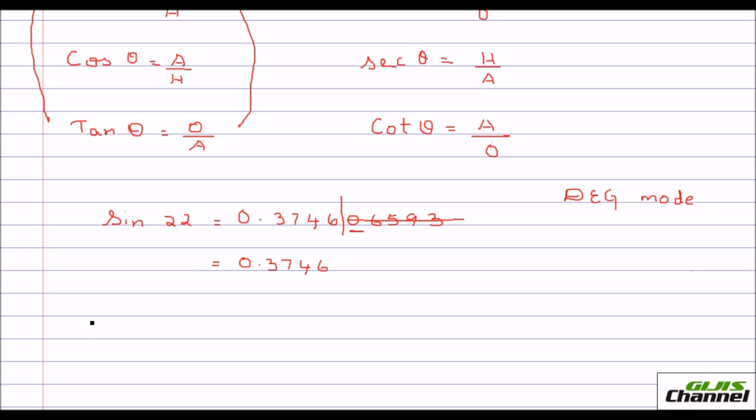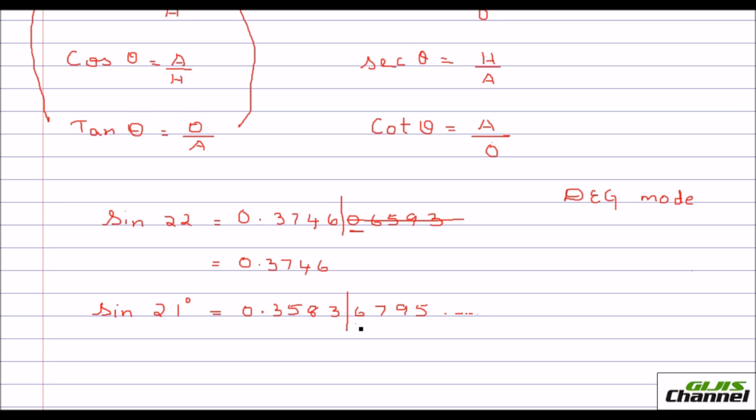Let's take another number. Say you're finding sine 21. Use your calculator and find its value. It's 21 degrees here, so your answer would be something like 0.35836. Again, you just need 4 numbers after the decimal place, so you need to round it off here.